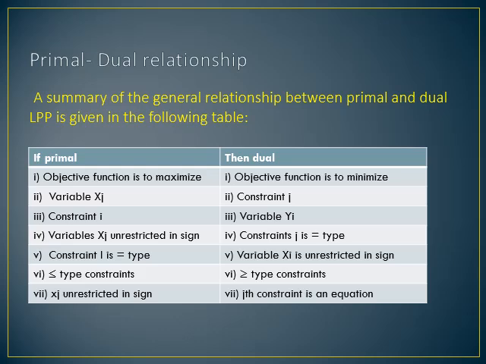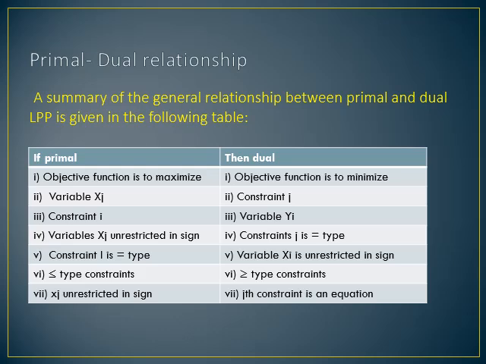If primal constraint i is equal type, then dual variable yi is unrestricted in sign. If primal has less or equal type constraints, then dual has more or equal type constraints.